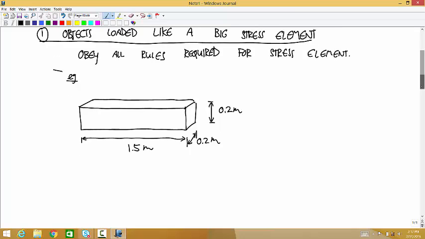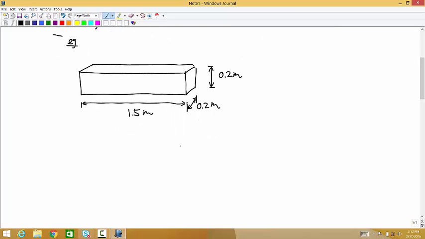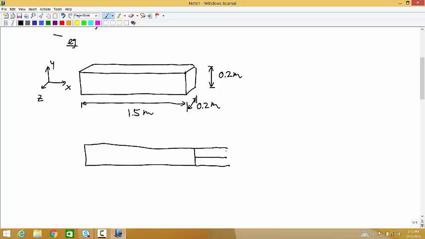And let's say the loading is like this. I'm going to draw just a straight front view for the loading. This is the coordinate system. And so let's say that everything's distributed loads. We have a total force of 20,000 newtons on the right going that direction, a total force of 20,000 newtons on the left going this direction.